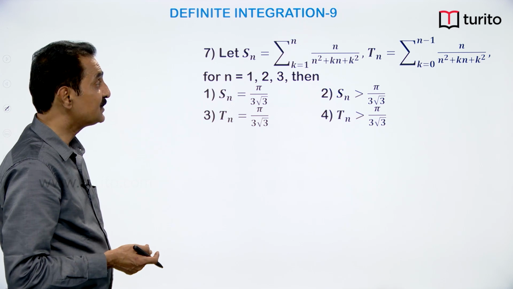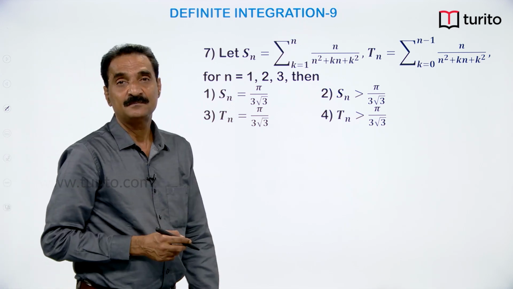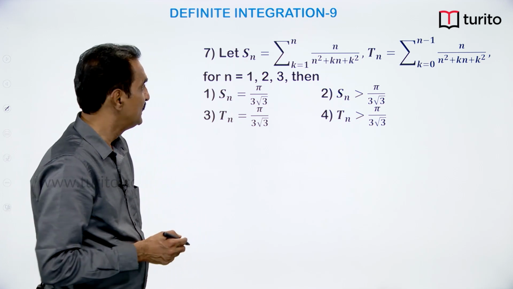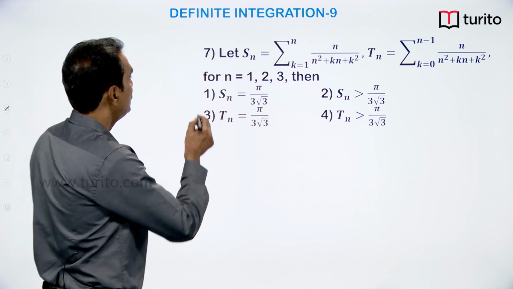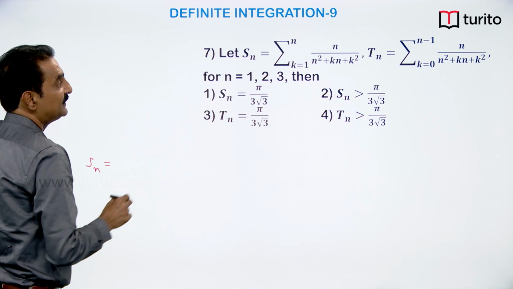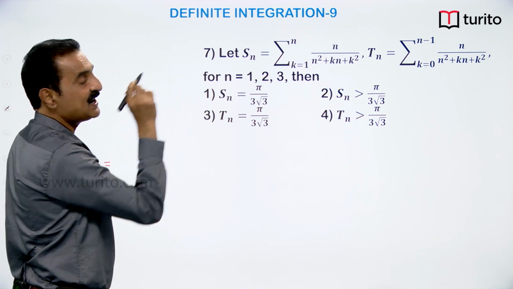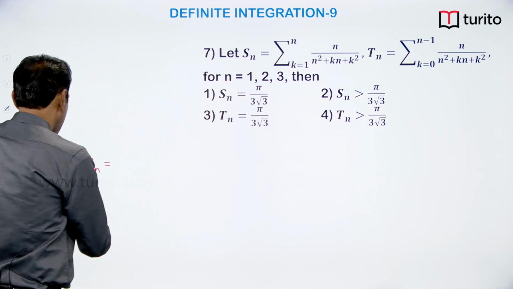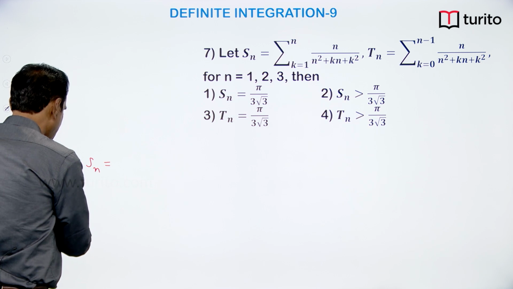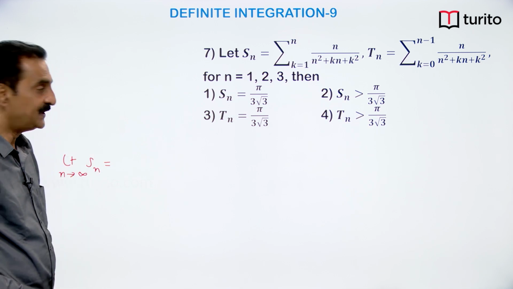Yeah, this is an excellent question, a previous JEE question. This is based on integration as limit of a sum. First, let us take limit n tends to infinity, and we may call it limit n tends to infinity of Sn. If you want, you can write it as S infinity.